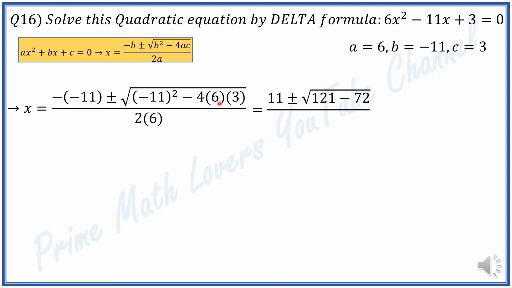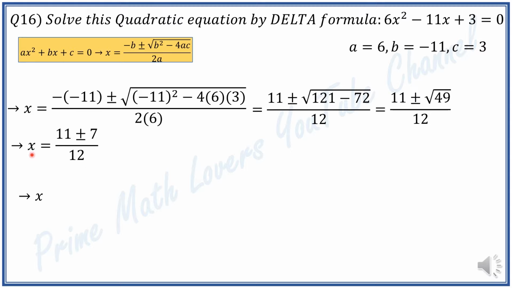Negative 11 squared will be 121. 4 times 6 is 24, times 3 will be 72. So 11 plus or minus square root of 121 minus 72. 121 minus 72 is 49. And we know that the square root of 49 is 7. So x is equal to 11 plus or minus 7 over 12.